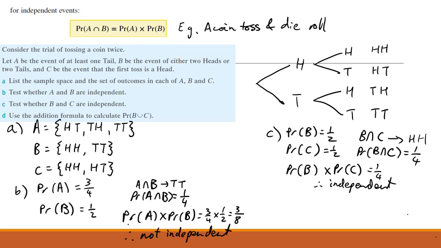Fairly straightforward. All right, part D: use the addition formula to calculate the probability of B union C. Someone tell me what the formula is. The probability of B plus the probability of C minus the probability of the intersection.